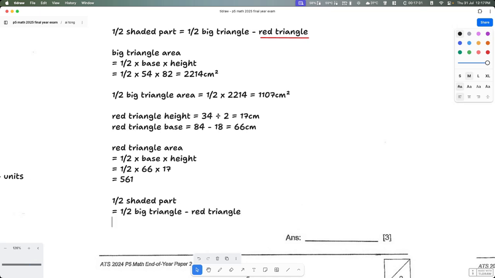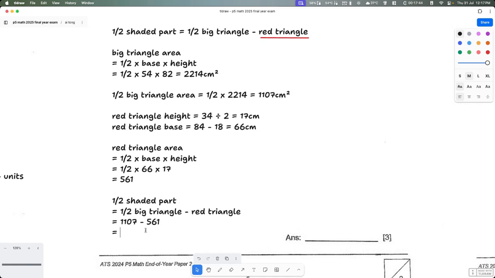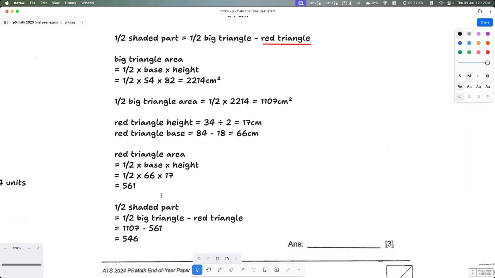So half big triangle is equal to 1107 minus 561. And the answer to this is 546, for half of the shaded part. Centimeter square in this case. Right, so now we want to get the full one.